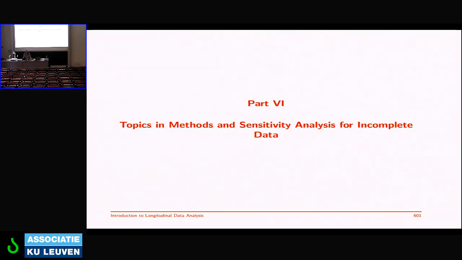What we have seen as another main paradigm for primary analysis is multiple imputation. In multiple imputation, you fill in the missing data using a predictive distribution a multiple number of times.